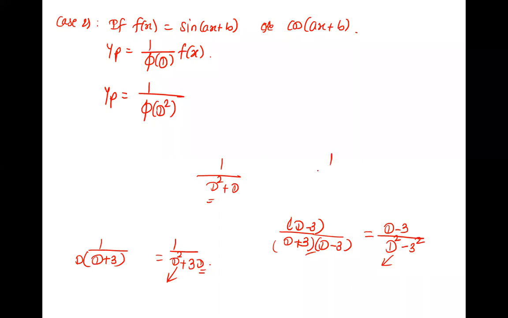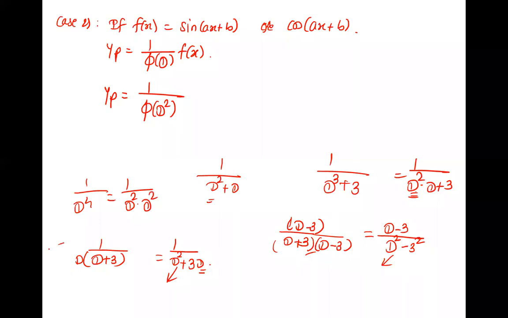Okay, and whenever there is a d cube term in the denominator, d cube plus 3 something, then write it as d square into d plus 3. We got d square there. If there is d raised to 4 term, write it as d square into d square. We get d square term in the denominator. So are you getting what I mean? Yes, ma'am.